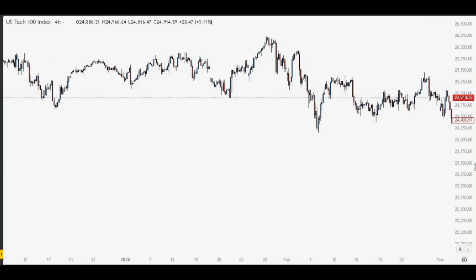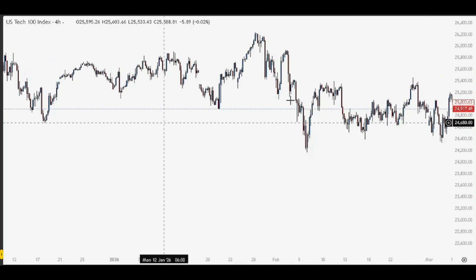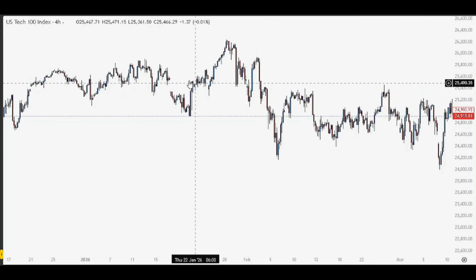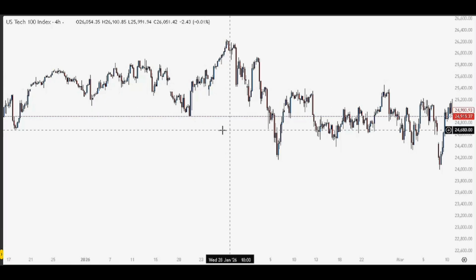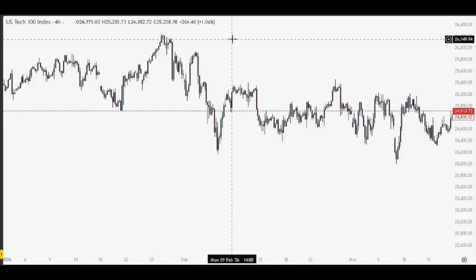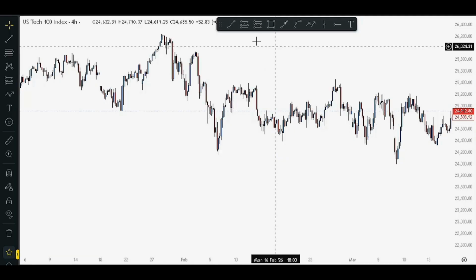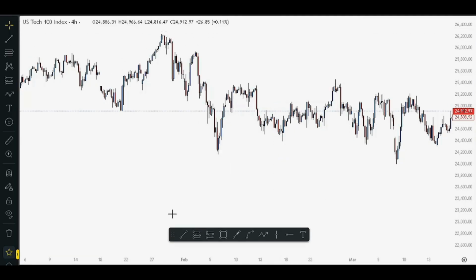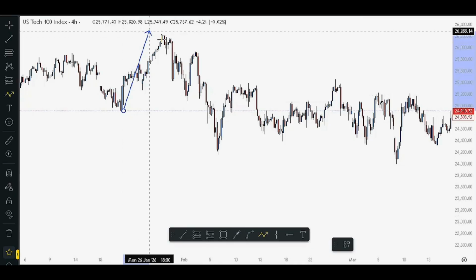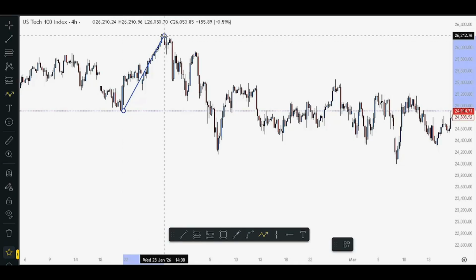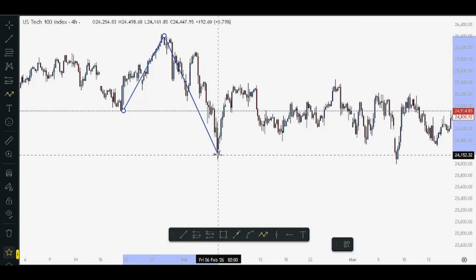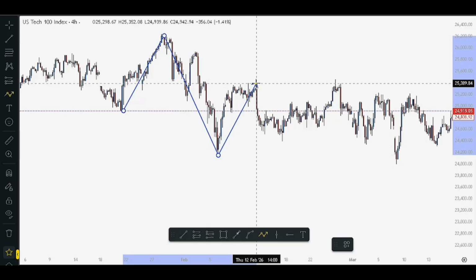Okay, so let's not look at this entire part. Let's just start here. When we're looking at price, let me get my tools out. So what price did: this is a low, created a high, then it created a low, created another high.